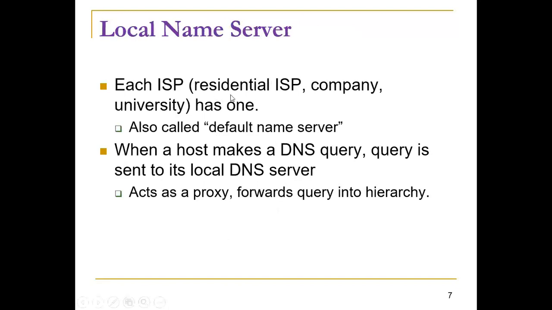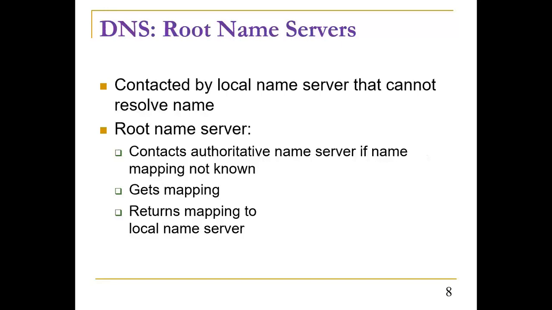So the local name servers is associated in particular internet service providers, which will store all the frequently used addresses of that particular area. And if it cannot be found from the local name server, then the request goes to the root name server.